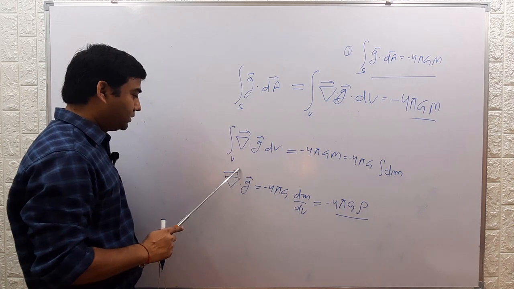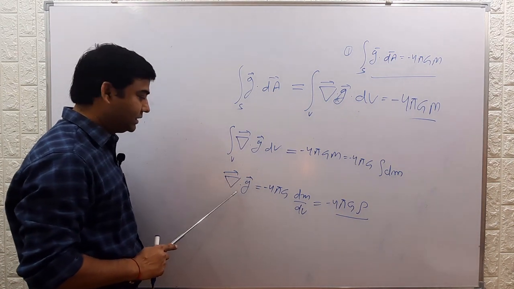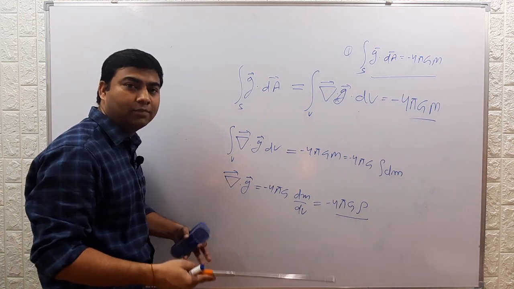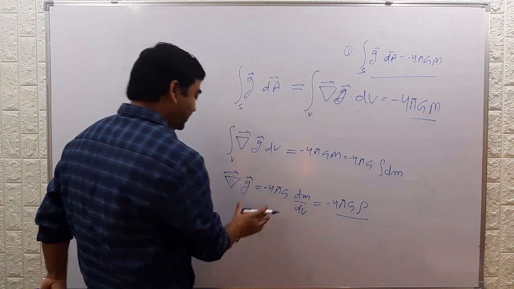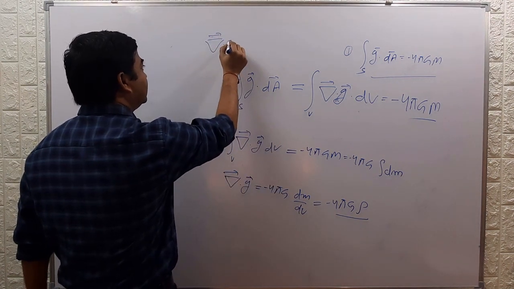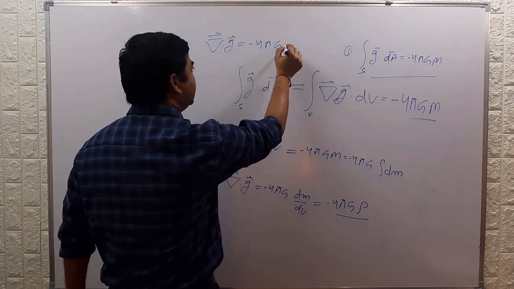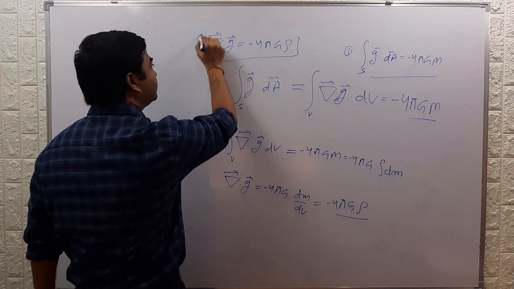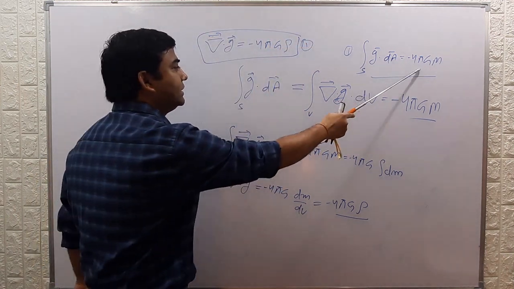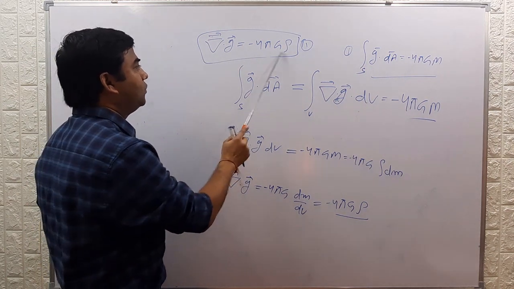So divergence of gravitational field at a point is equal to minus 4 pi G into density at that point. This is the second form of Gauss's law, that is divergence at a point is equal to minus 4 pi G rho. The earlier one is the integral form of Gauss's law for gravitational field, and this is the differential form.